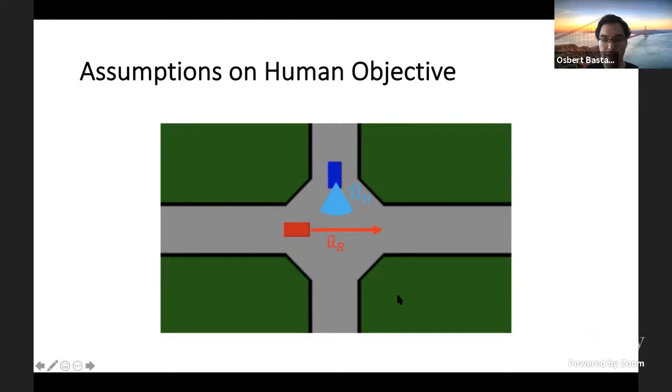That's this red arrow here, where the robot backup action is U hat R. And because the human backup action is a set, U hat H, theirs is going to be a region instead of a single trajectory, but they'll presumably come to a stop somewhere in this region. So the width of the region is accounting for the fact that they might apply some steering angle, and they might also apply different deceleration rates here. So they'll come to a stop somewhere in this cone shape.